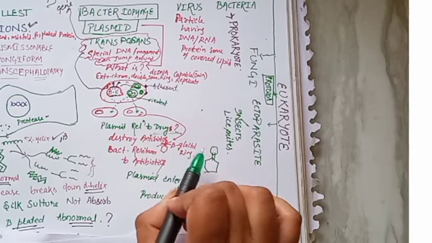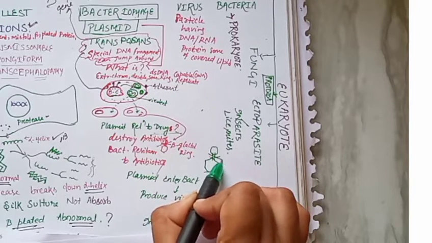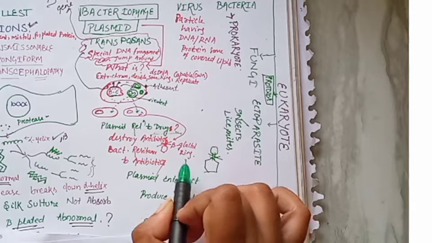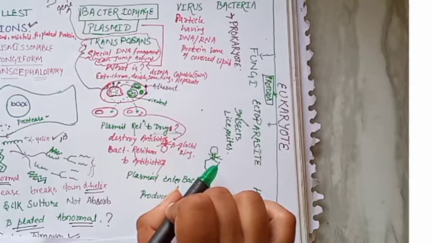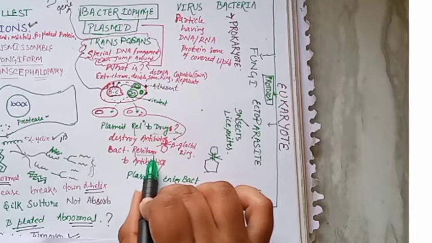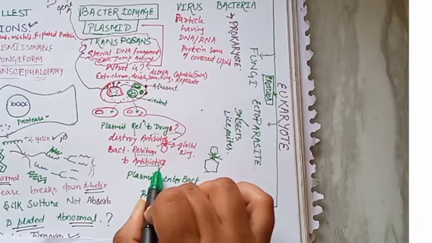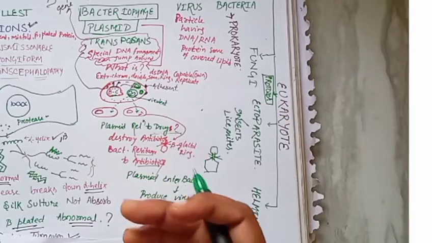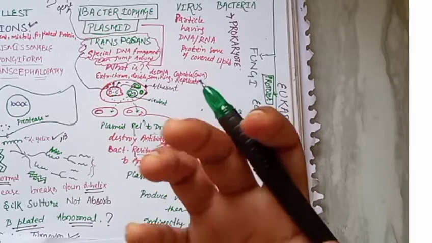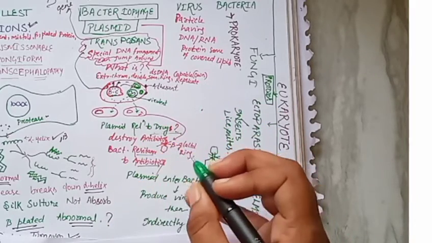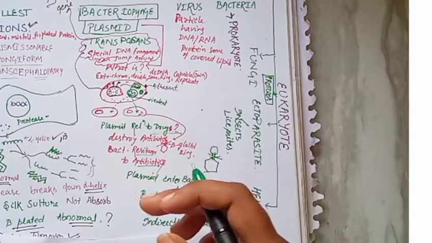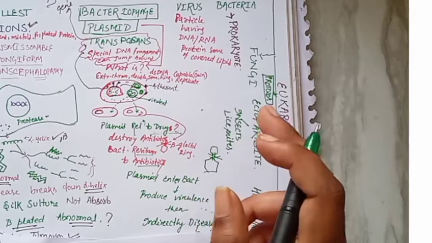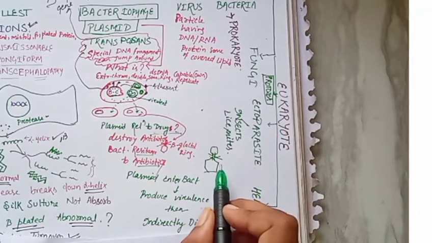The protein can bind with that beta-lactam ring and cause destruction. In that way the plasmid causes antibiotic destruction and resistance towards the antibiotics. It means bacteria which infect our body, if they have the virulent type of plasmid, are not destroyed by the antibiotics, because the plasmid causes the destruction of those antibiotic drugs.